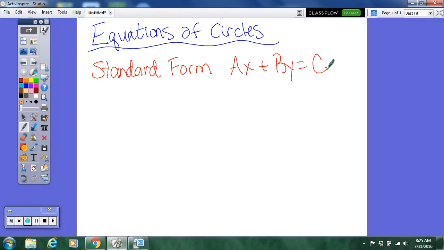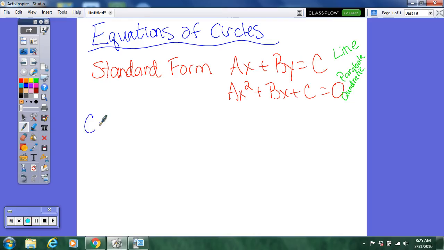That's back to math 1. The quadratic was ax squared plus bx plus c equals 0. When you were graphing parabolas, that was a standard form for that. So this one is the line. This one is the parabola, the quadratic. And now you've got an equation for a circle.